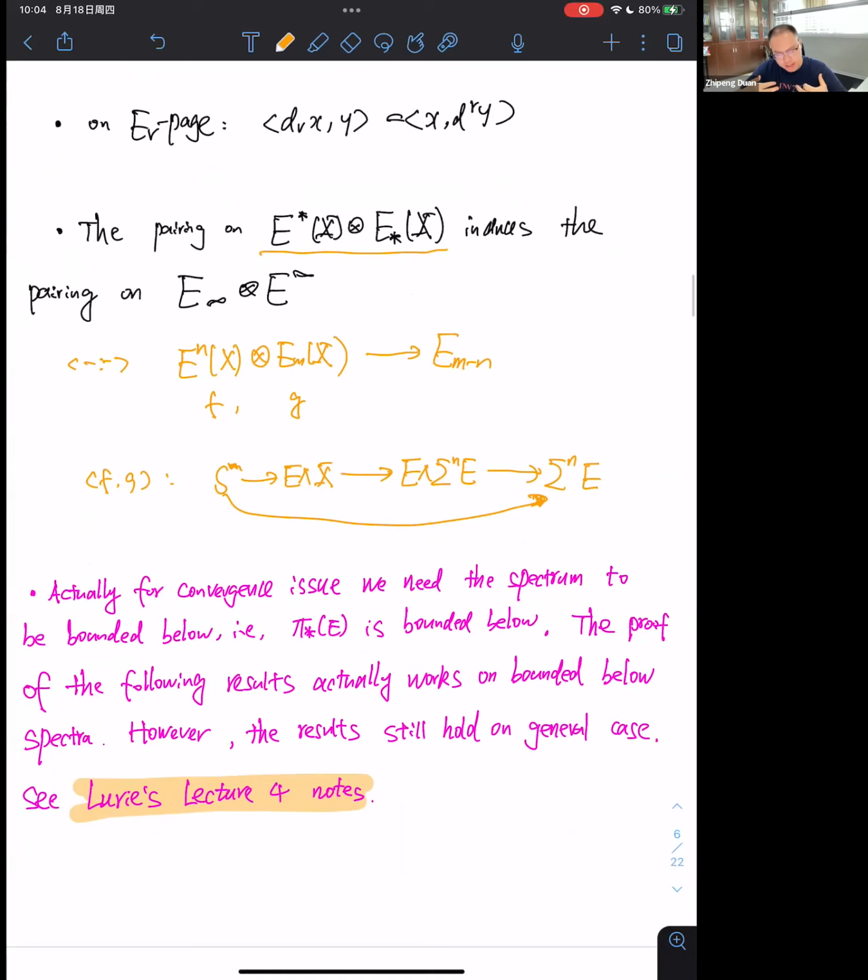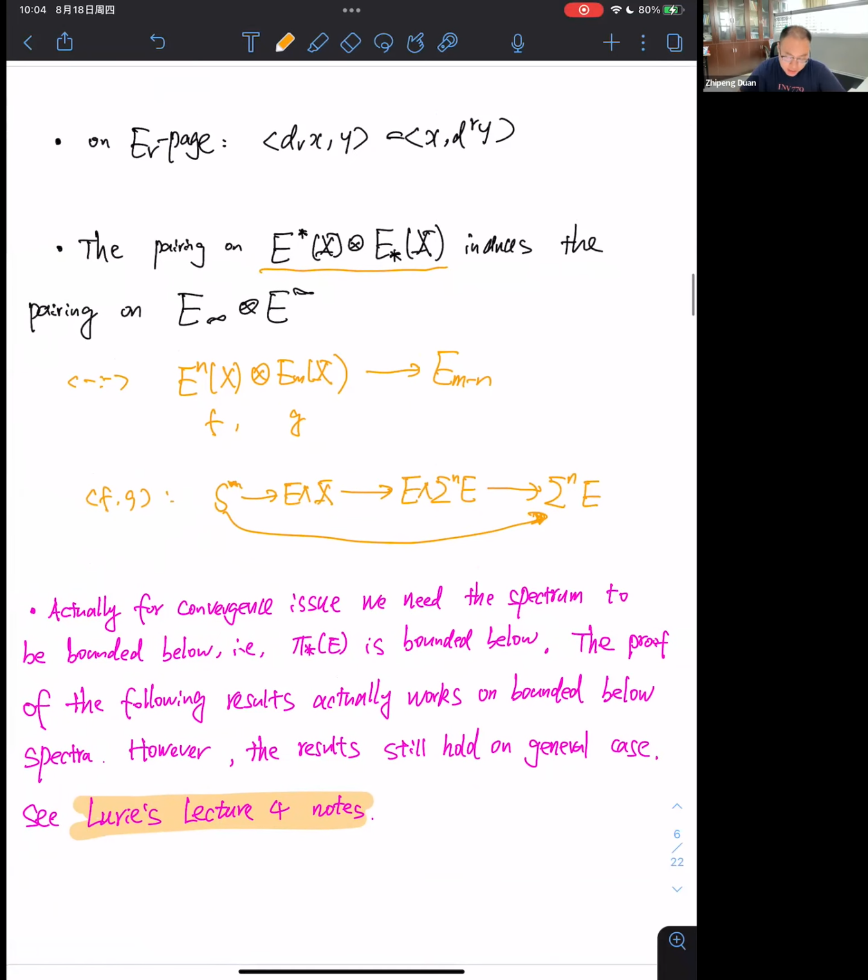And actually, there are still several technical issues about convergence in the Atiyah-Hirzebruch spectral sequence. In fact, I omitted one technical condition for convergence: I just asked the complex X to be finite. But for convergence in the homological spectral sequence, we actually need the spectrum E to be bounded below.